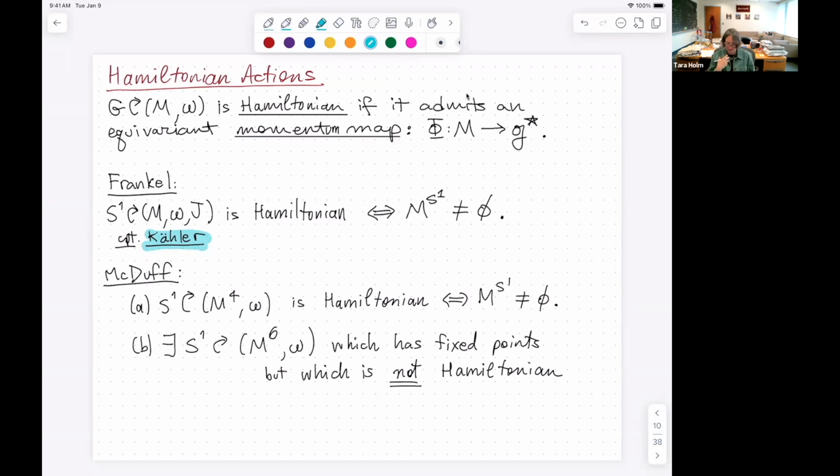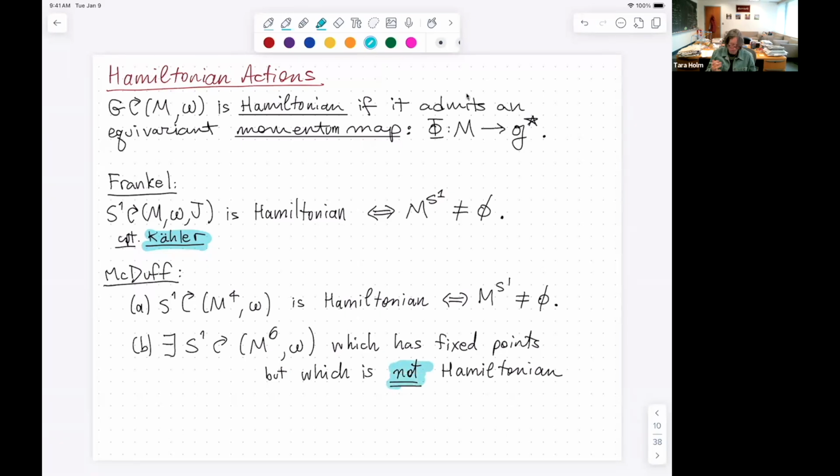The action is Hamiltonian if and only if there are fixed points. And what she proved in higher dimensions is that this is no longer true in the pure symplectic category. So there are six-manifolds and higher dimensional manifolds with symplectic circle actions that are not Hamiltonian.